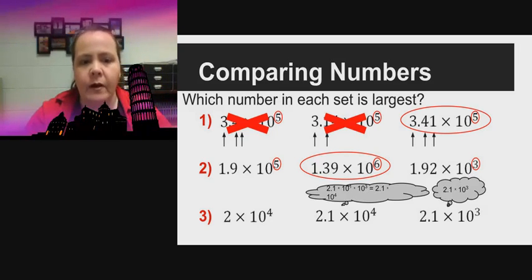And now we want to compare our exponents. When we do that, we have 4, 4, and 3. That tells us that 2.1 times 10 to the third is out. And then we're going to compare our digits. We have 2 and 2.1. We can actually just compare those numbers pretty easily. 2.1 is obviously bigger than 2, so 2.1 times 10 to the fourth is the largest number in that set.